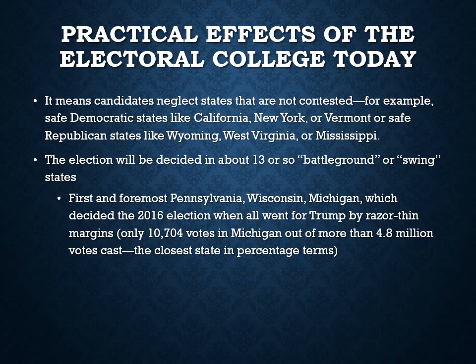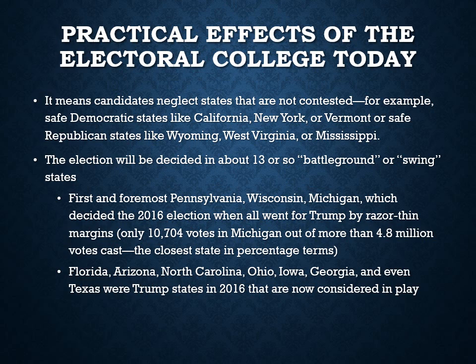These 3 states were states that she considered to be within her firewall, that even if she lost other states that were close, she at least could count on these. But as we know, that turned out not to be true. Now, there are other battleground states. Let's divide them into who won them in 2016.